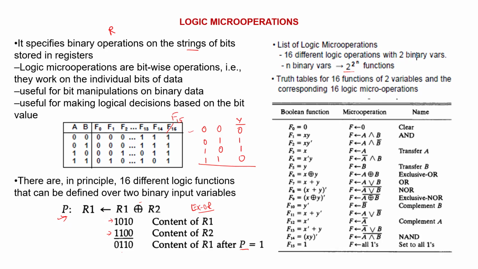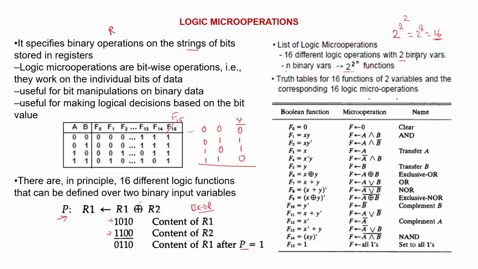Finally here n is 2. So what we get is 2 exponent 2 exponent 2, which is 2 exponent 4. And 2 exponent 4 is 16. Since we have only 2 binary variables, that's why 16 functions are possible.